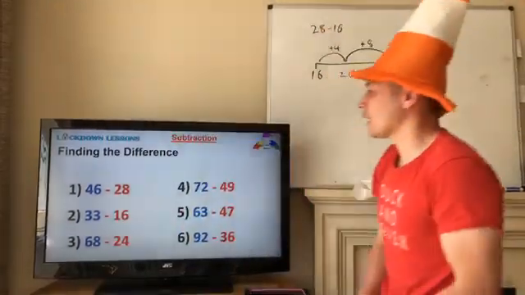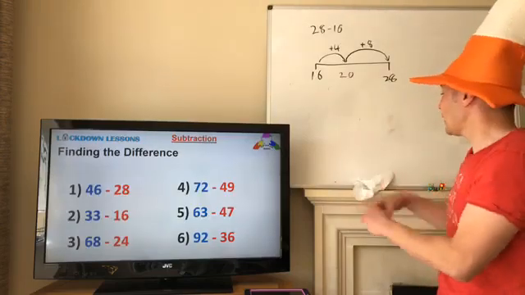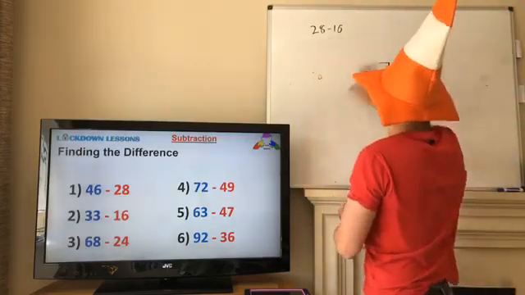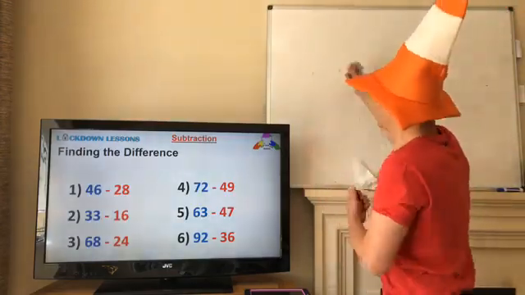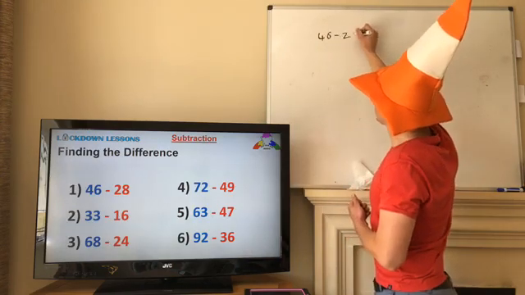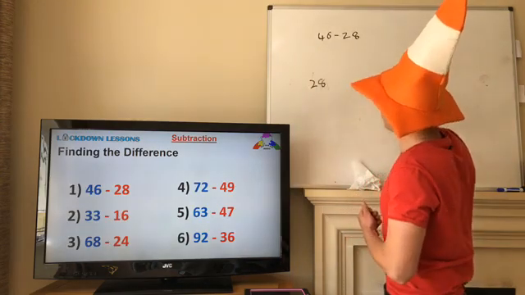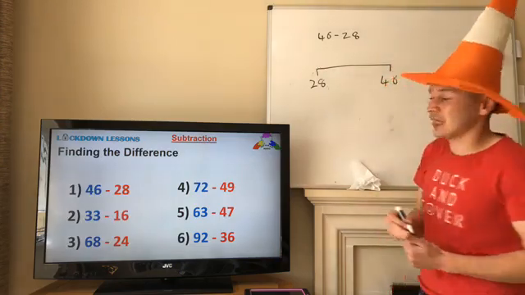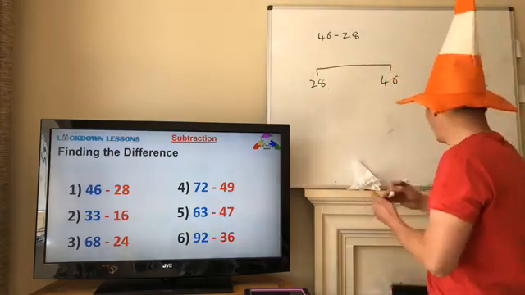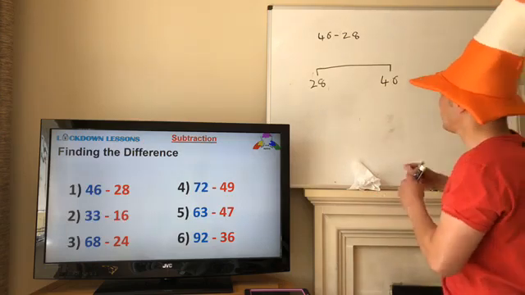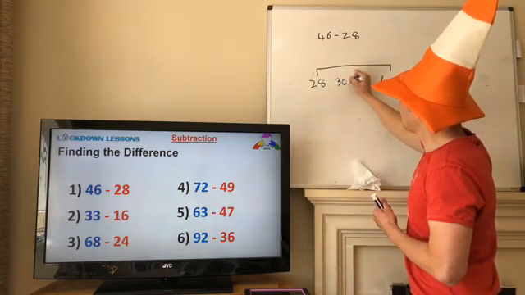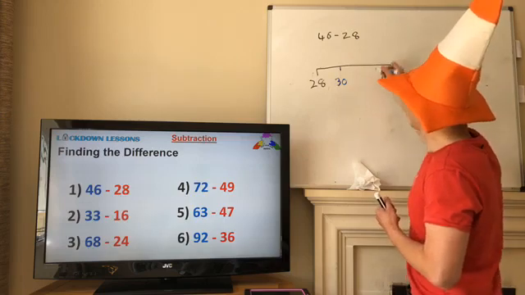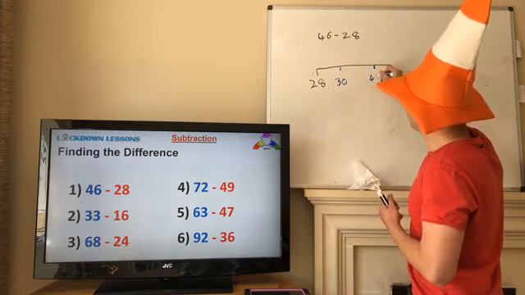Okay, so can we have a go at jumping up using this method? So for the first one, you will be setting up like this. So 46 minus 28, you are going to start at 28 and you are going to get to 46. So think about where you're jumping to. I'll put the first jumps on for you. You are going to jump to 30 first, then you are going to jump to 40.